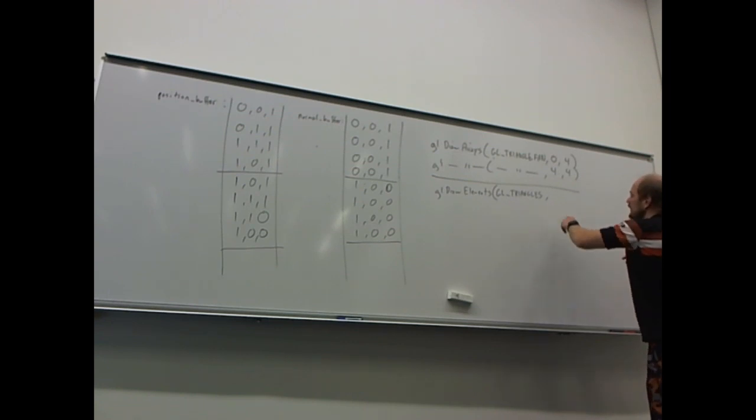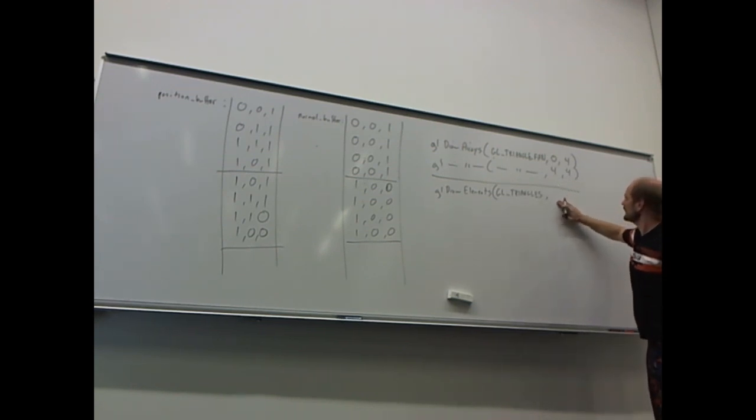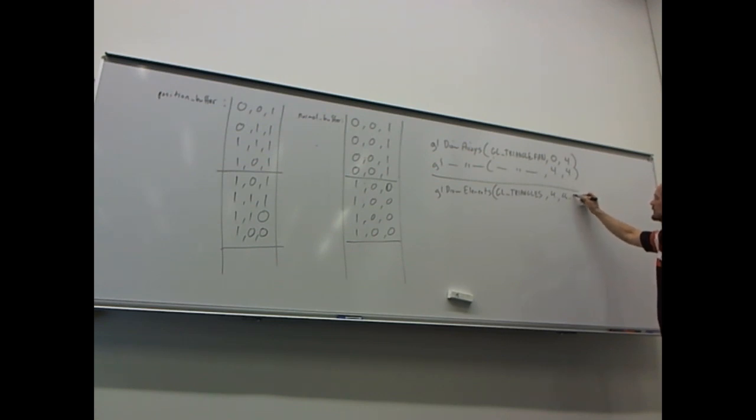After that, we tell it how many we want to draw. So let's just say we're going to draw 4 triangles here. And then there's the type, which in this case, let's just say is GL short.